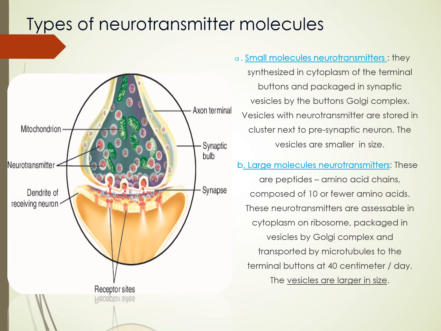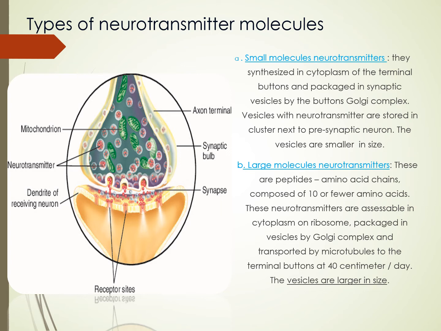For large molecule neurotransmitters, the size of the vesicles is large. These are basically the peptides, amino acid chains composed of 10 or fewer amino acids. These neurotransmitters are assembled in the cytoplasm on ribosomes, packaged in vesicles by the Golgi complex and transported by tubules to the terminal buttons at 40 centimeters per day.